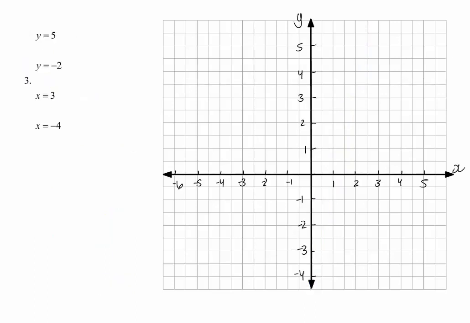Now, horizontal and vertical lines. I have my axes drawn. I've labeled my axes. These should be easy, and yet students struggle immensely. If I have y equals 5, that means y has to be 5 everywhere on that line. That is only going to happen with the horizontal line through y equals 5. So it doesn't matter where I pick a point here, y is always equal to 5.